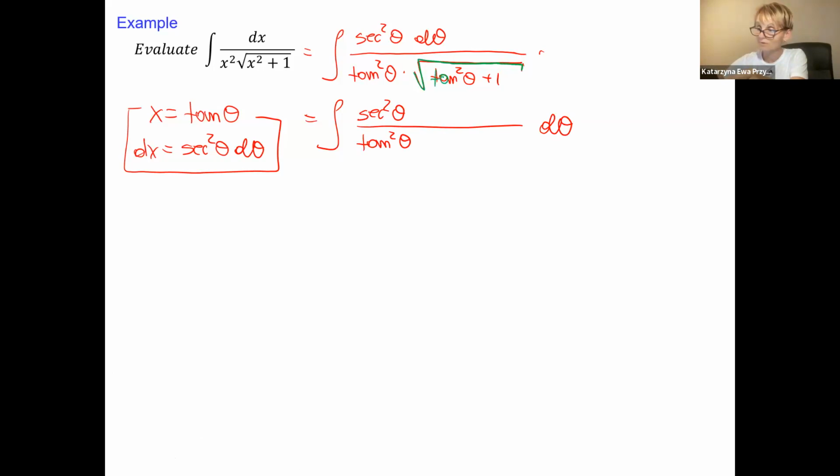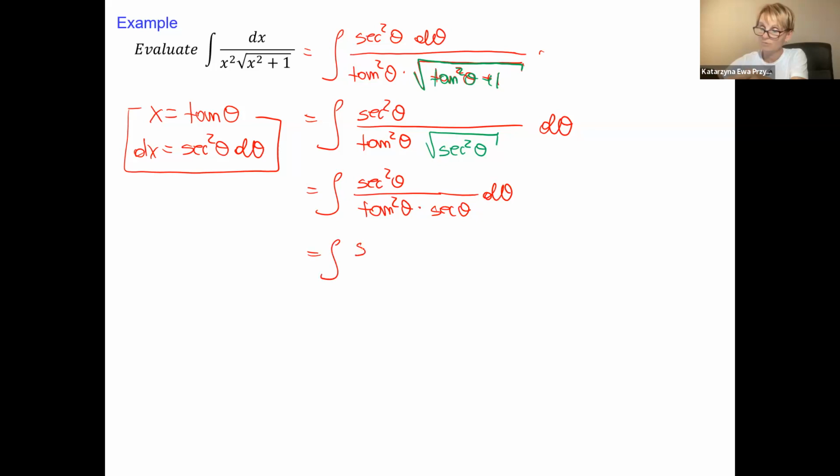Square root of tan square theta plus 1. This is secant square theta. Correct? And then we can rewrite as a secant. This is just secant theta after simplifying. Then we have 1 secant on the top and tangent square theta.